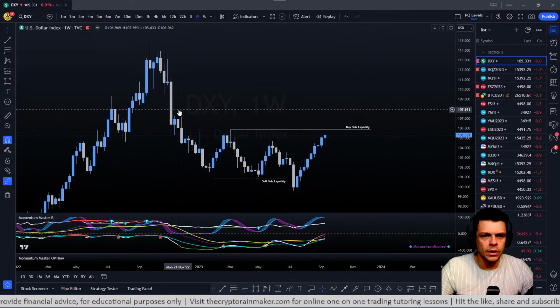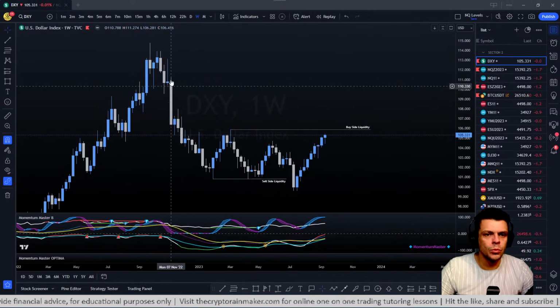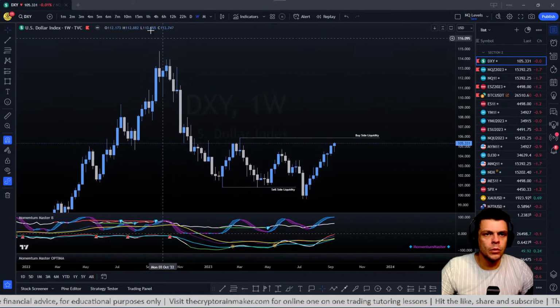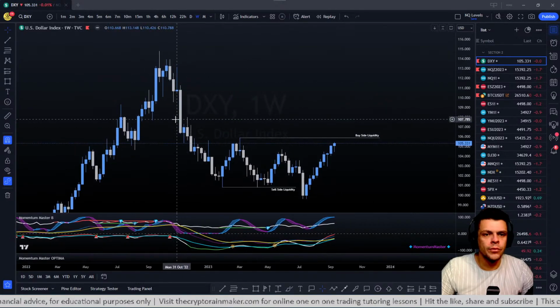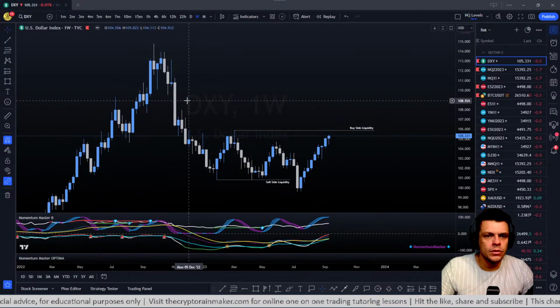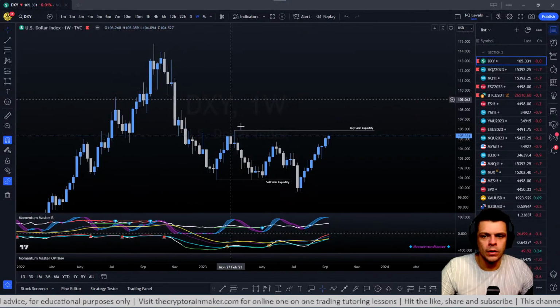And then also I'm looking at this high right there. It's also in this weekly fair value gap. And then once we go one down time frame to the daily, we'll see that there's an untouched daily fair value gap in that area as well.